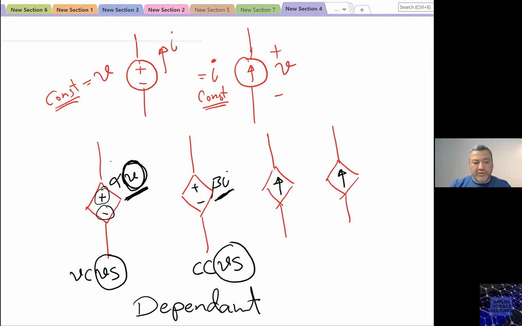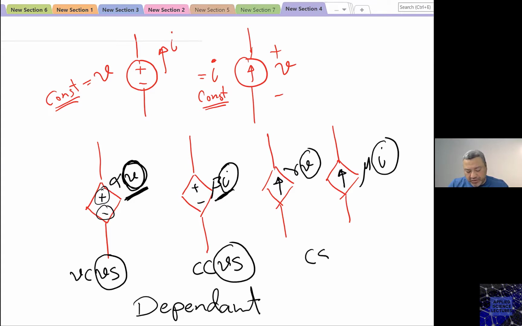If I see a voltage, then it depends on a voltage. If I see a current, then it depends on a current. Same thing here. So this is a current source.